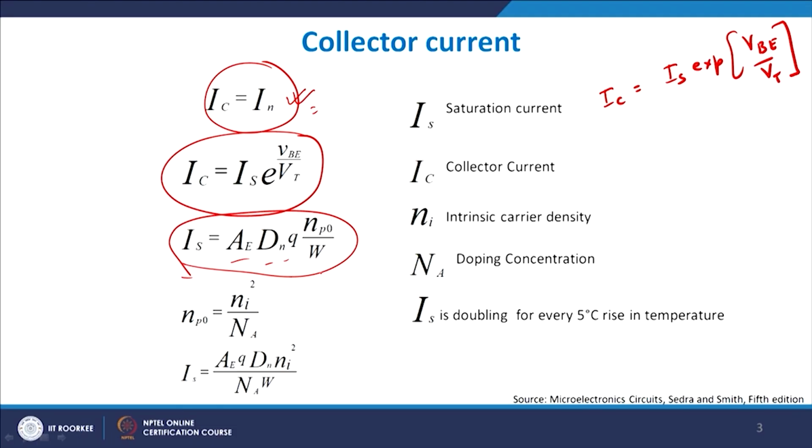Now, from my earlier basic semiconductor physics theory, I get NP0 to be equal to Ni squared by Na, where Ni is the intrinsic carrier concentration and Na is the acceptor ion concentration.